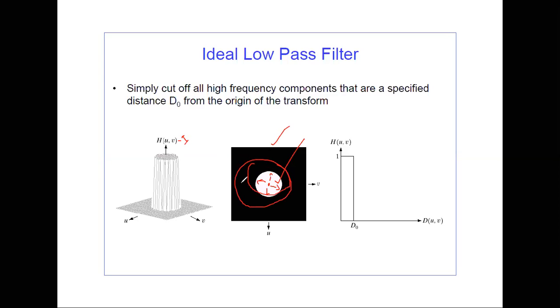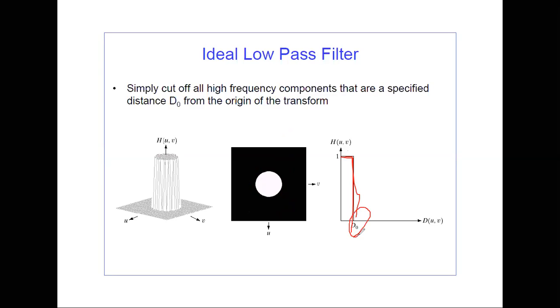Automatically all the values above a certain radius will go to zero, and we end up picking only the low frequencies. Is that fine for you? So that is our filter. By the way, what sort of filter? It's an ideal filter.